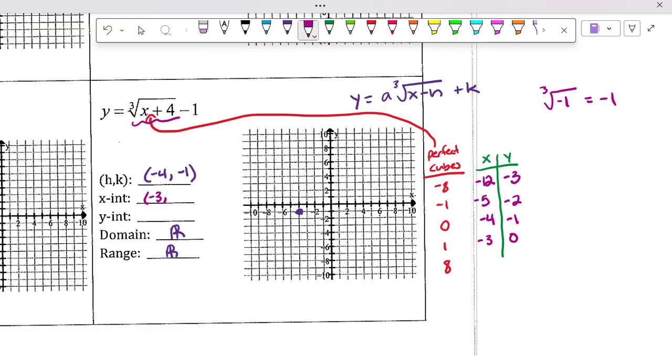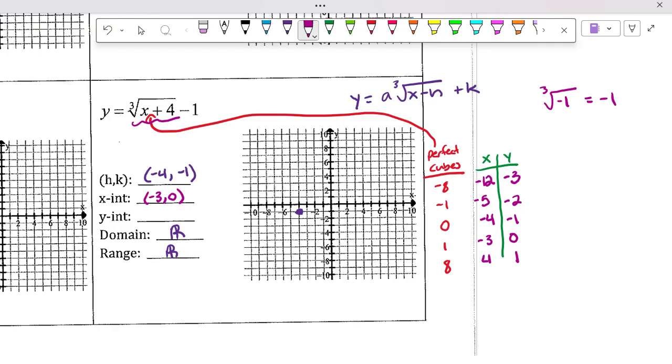So we can put that there. Lastly, what can I plug in for x to give me 8 under the radical? Positive 4. So cube root of 8 is 2 minus 1, 1.